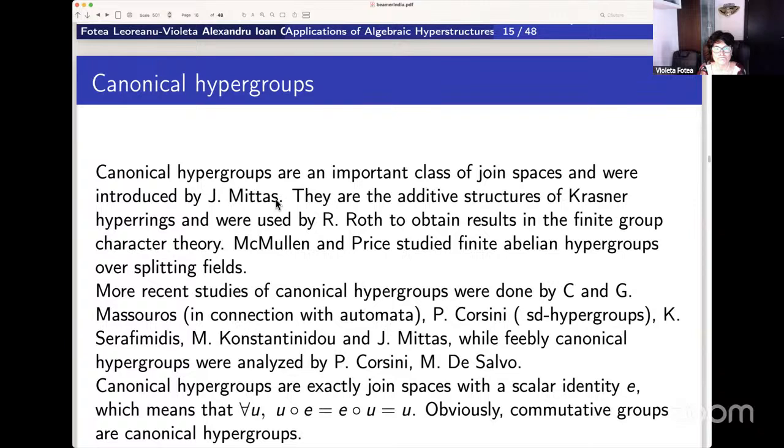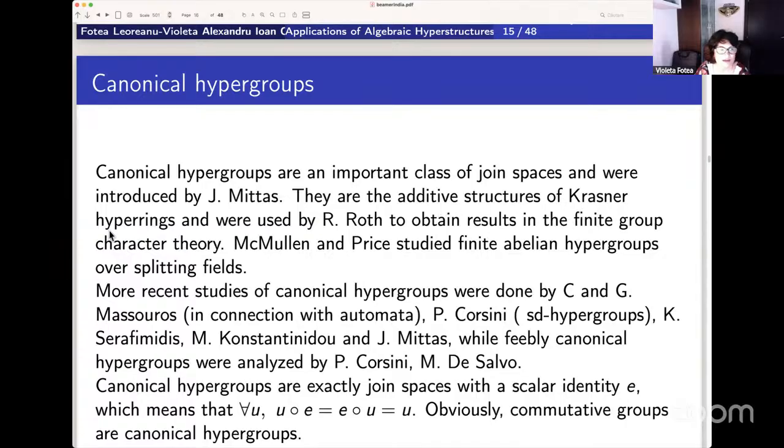And he studied canonical hypergroups as the additive structure of Krasner hyperrings. Krasner hyperrings represent a class of hyperrings which are near to the rings we know. We have only one hyperoperation, that is addition, but multiplication is just an operation, not a hyperoperation.